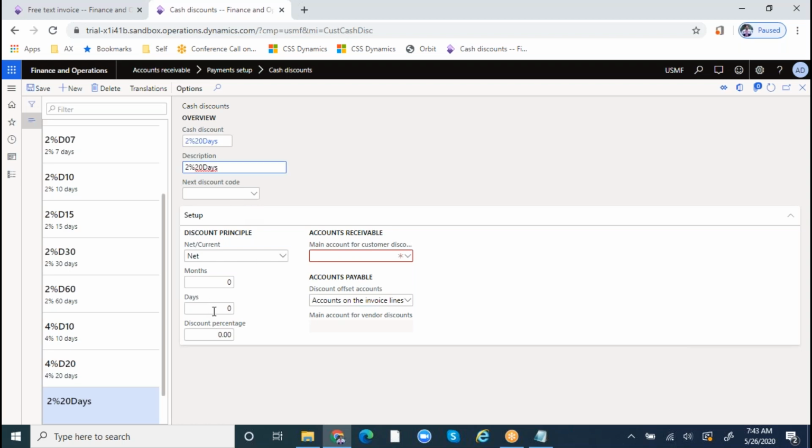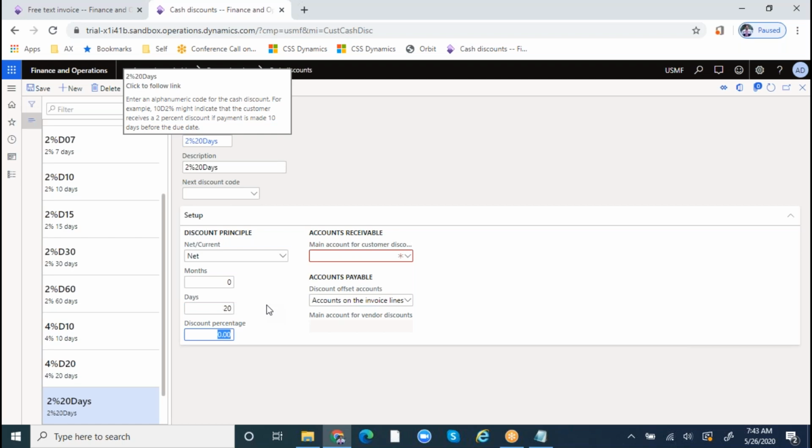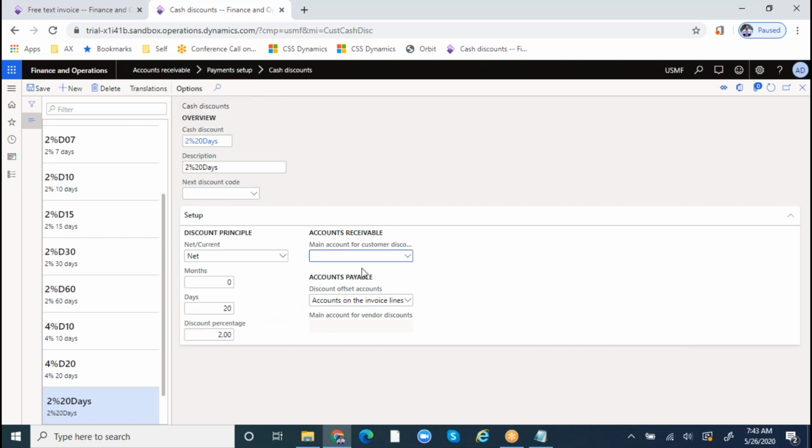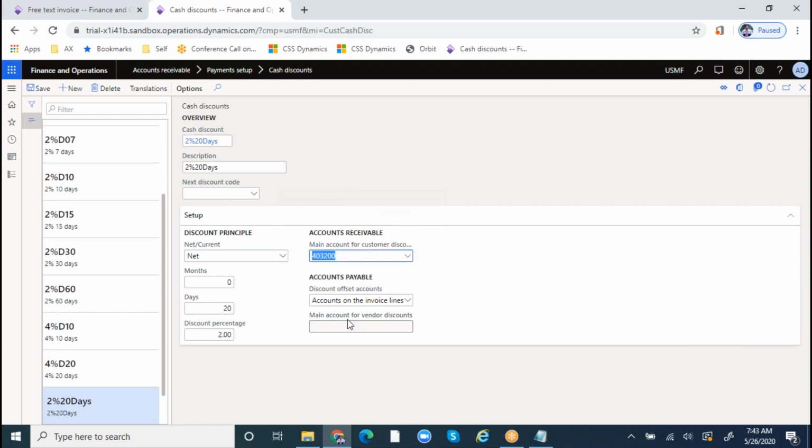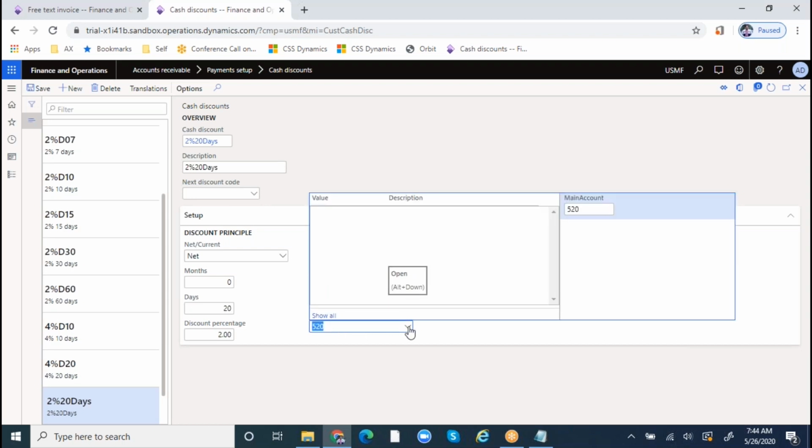So 20 days 2%, and once again the discount $520,200 I think.